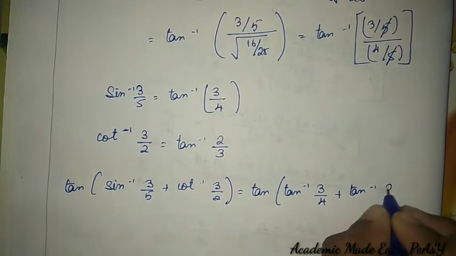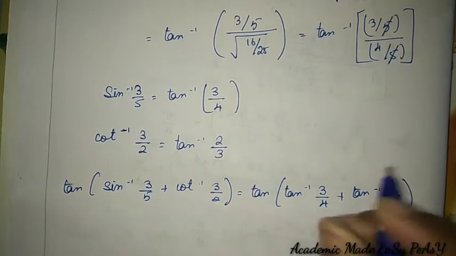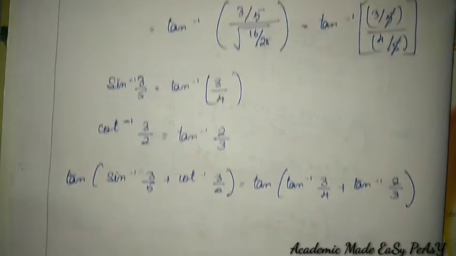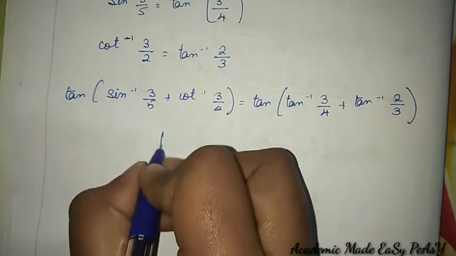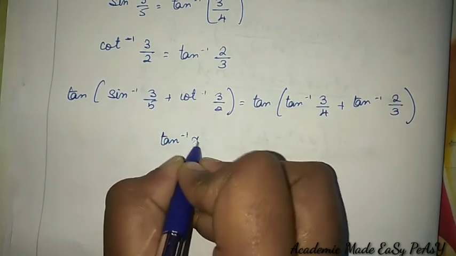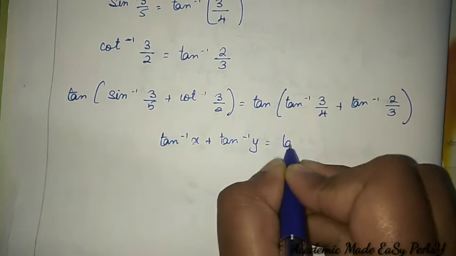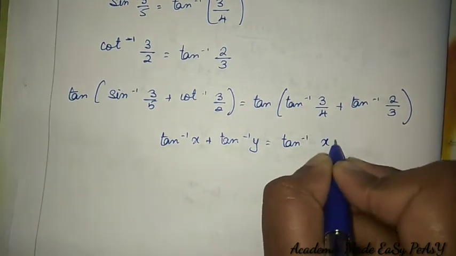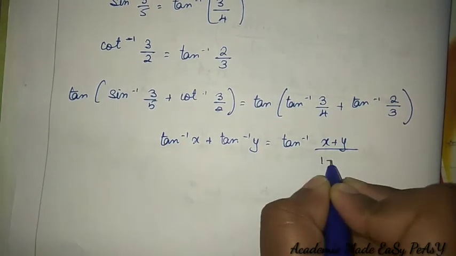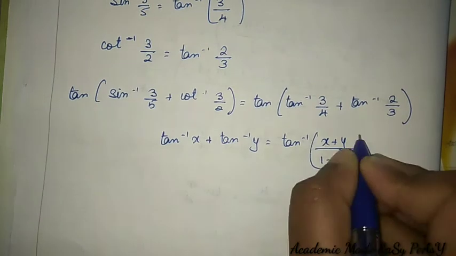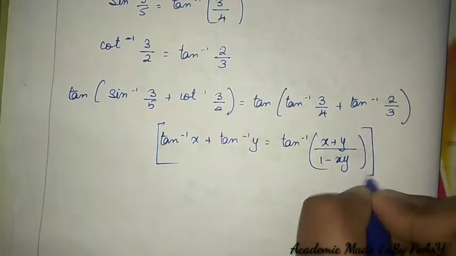Tan inverse 2 by 3. Now this is of the form tan inverse x plus tan inverse y, no? We know the formula: tan inverse x plus tan inverse y is equal to tan inverse of x plus y divided by 1 minus xy. So this is the formula.